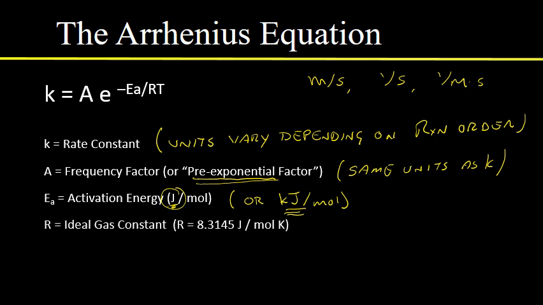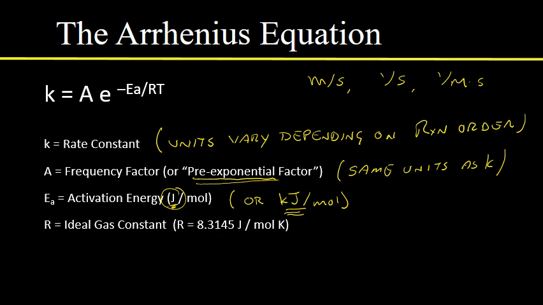R is the ideal gas constant. And remember, there's one ideal gas constant for PV equals nRT type problems, and another one for things more related to physics, right? The two R's are the same, they just have different units. The number is different because the units are also different, right? But physically they mean the same thing.